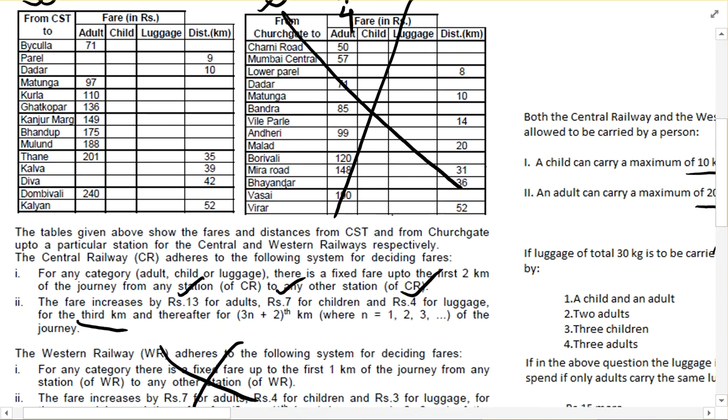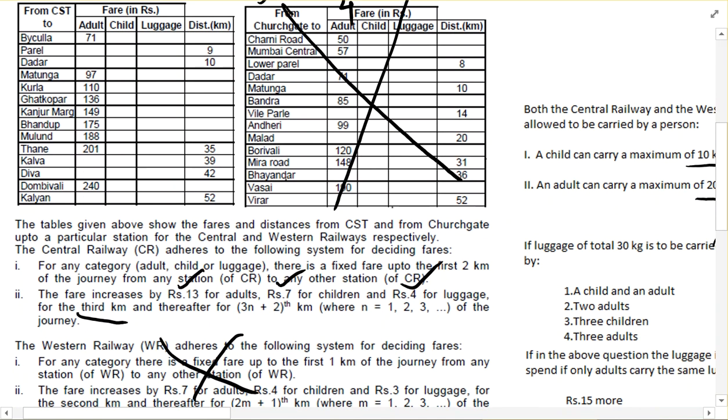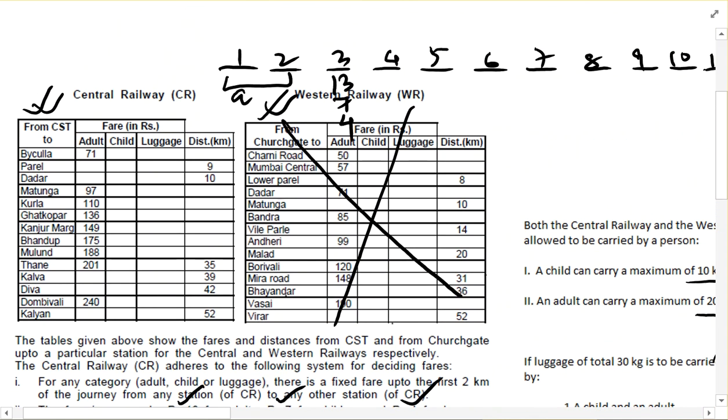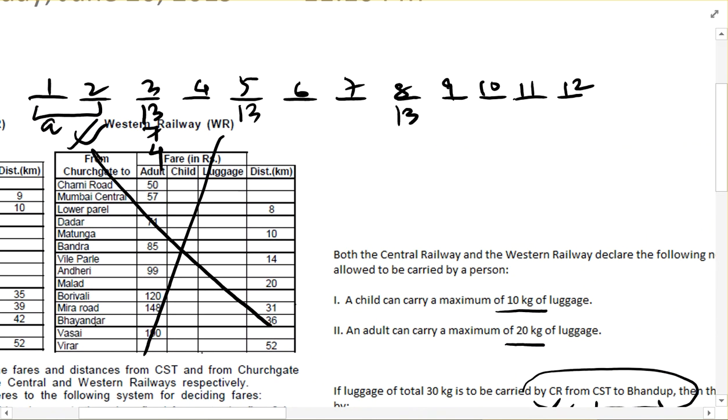And thereafter, for 3n plus 2, that is the fifth, then the 8th, the 11th, and so on. So the fourth kilometer is free, but if you travel 5 kilometers you'll pay 13 rupees again. Then the sixth and 7th kilometers are free.